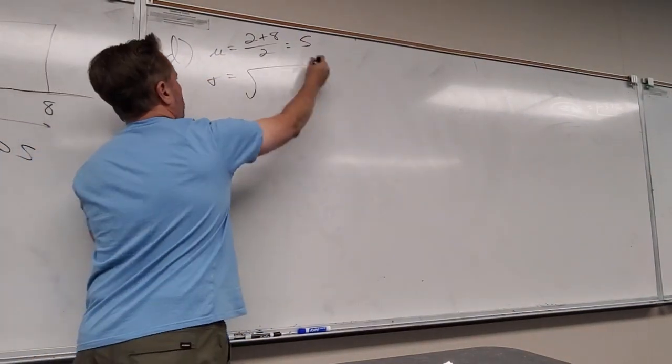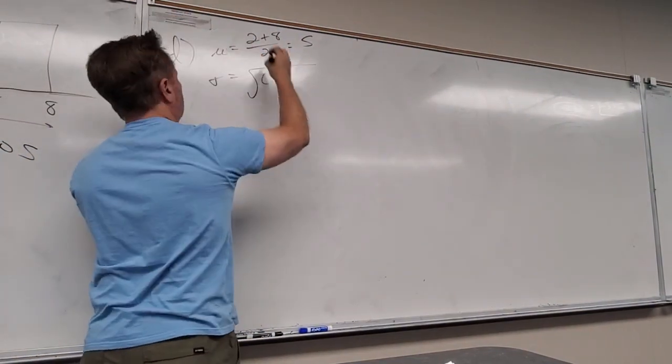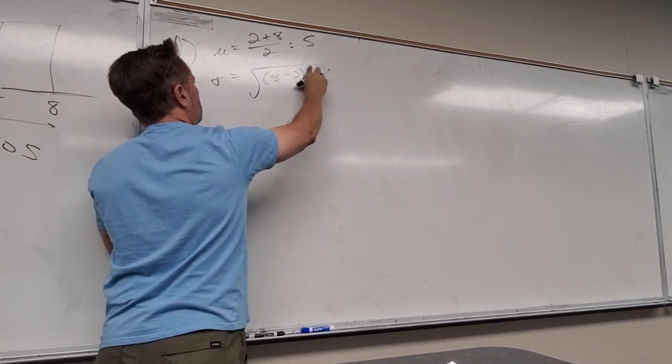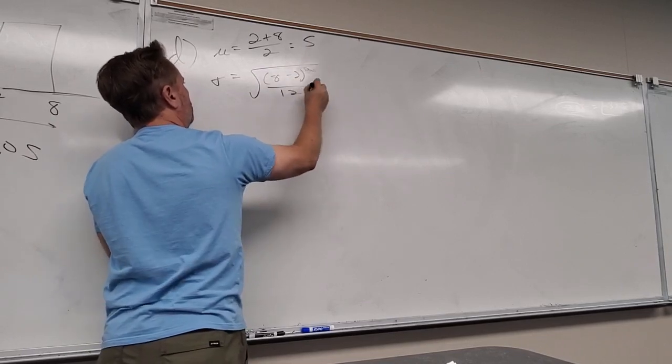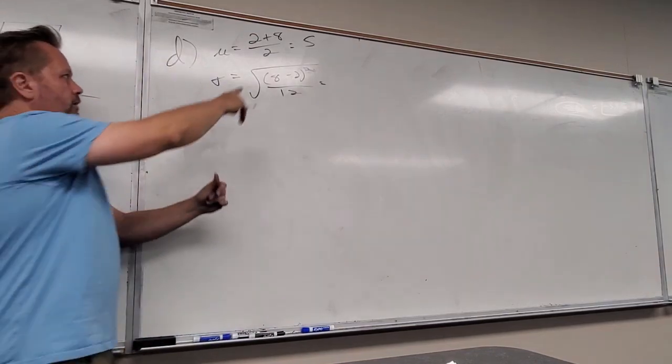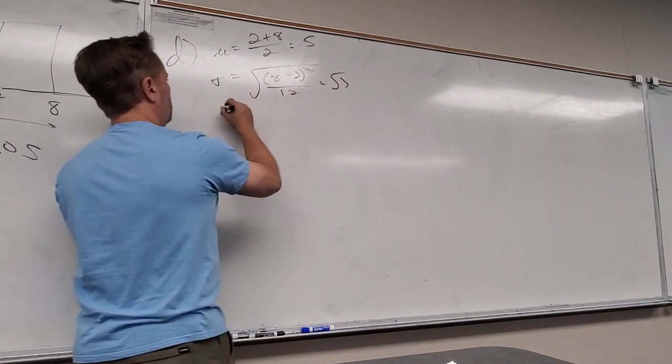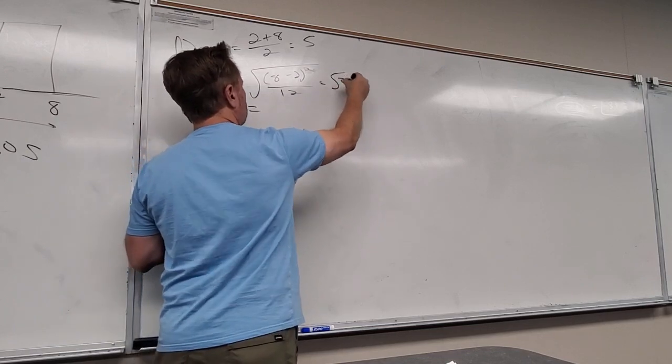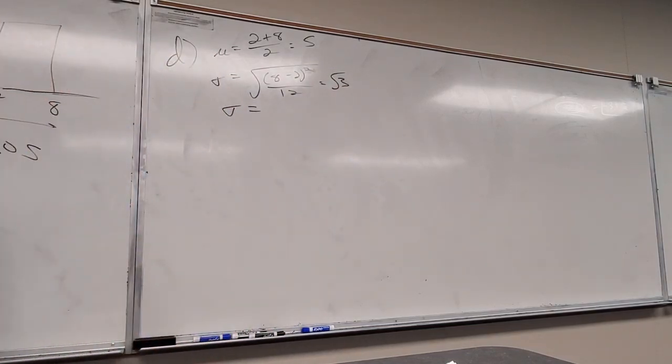Standard deviation is this weird formula. 8 minus 2 squared over 12, right? So I think it's the square root of 3, which is something I don't have memorized, which surprises me, but I think it's 1.75 something, maybe? I feel bad that I don't have that memorized.